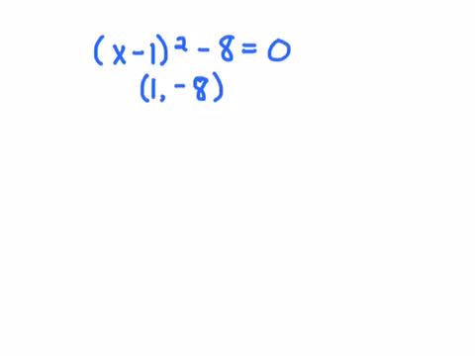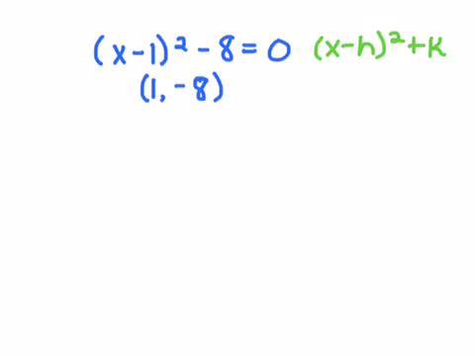Since it's written in the form that we like, x minus h parentheses squared plus k, h is this positive 1 and k is this negative 8.